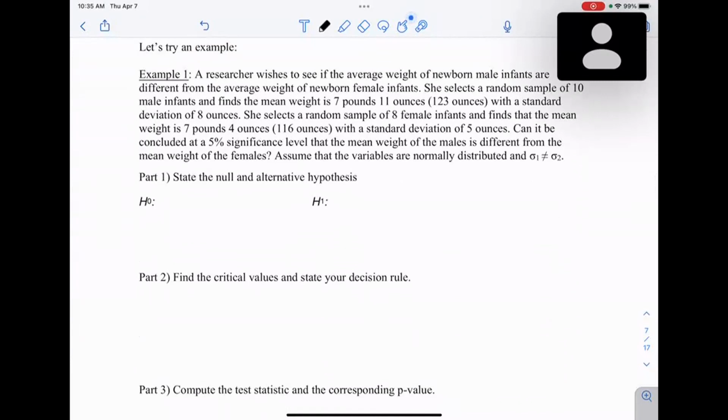She selects a random sample of 10 male infants and finds their mean weight is 123 ounces with a standard deviation of 8 ounces. She selects a random sample of 8 female infants and finds that the mean weight is 116 ounces with a standard deviation of 5 ounces. Can it be concluded at the 5% significance level that the mean weight of the males is different from that of the females? Assume the variables are normally distributed and the population standard deviations are not equal.